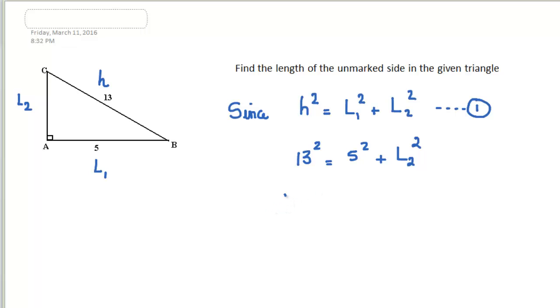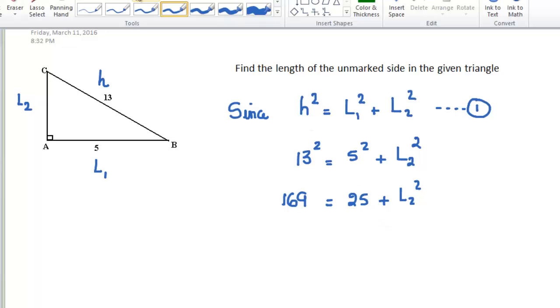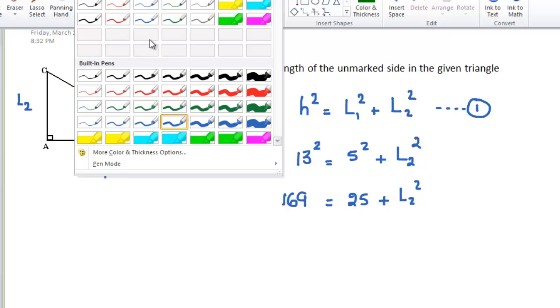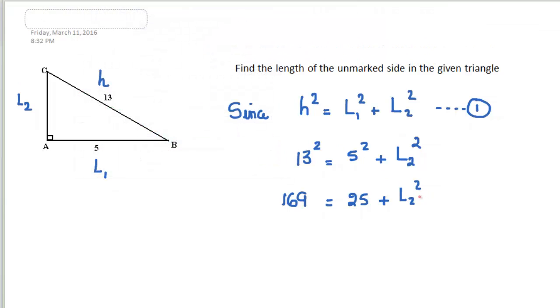So 169 is the square of 13. 25 is the square of 5, plus leg 2 square. Now I need to isolate the leg 2 square, so I'm going to use the inverse strategy. The inverse strategy means what?